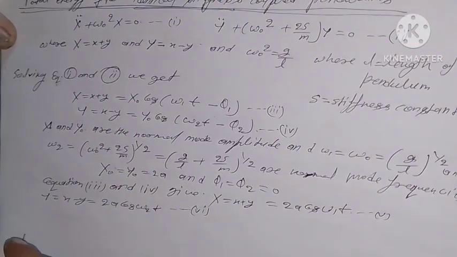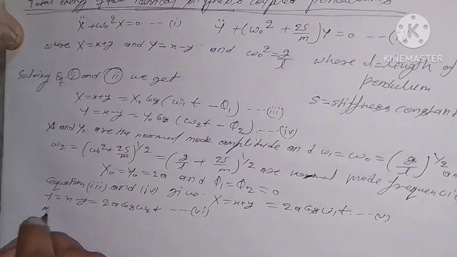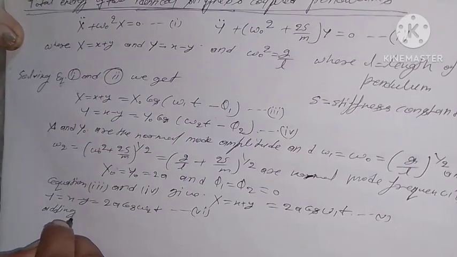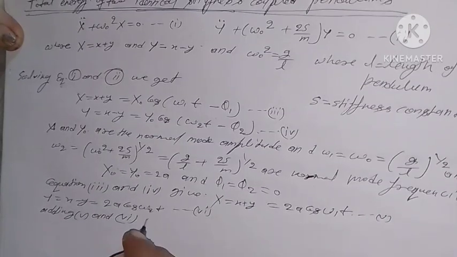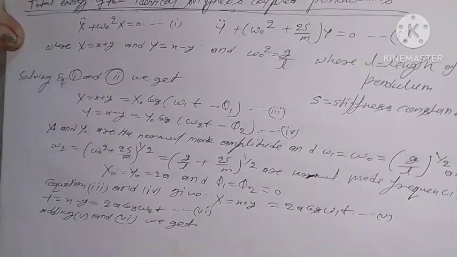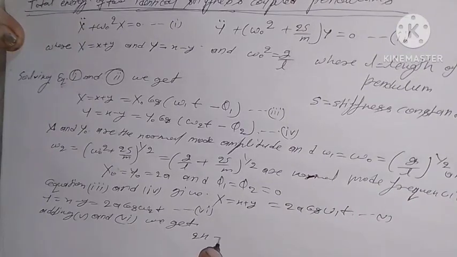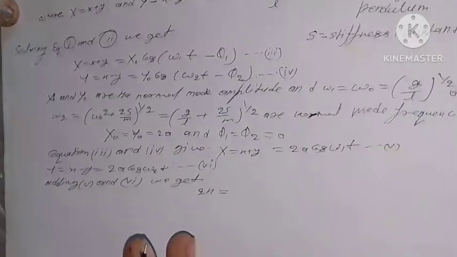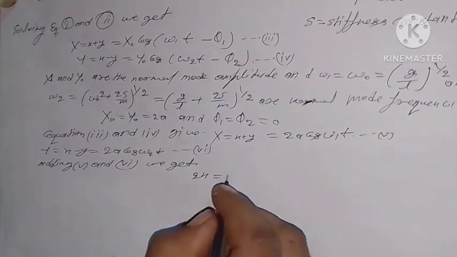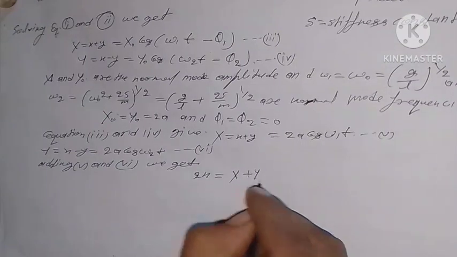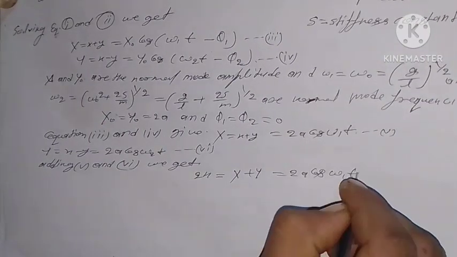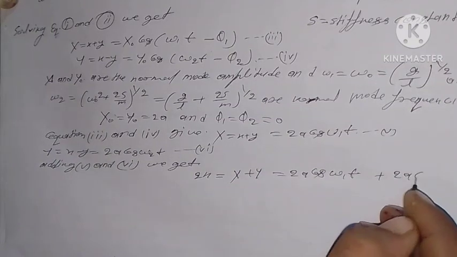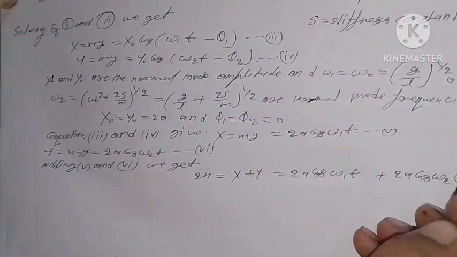Adding 5 and 6 we get 2x equal to capital X plus capital Y equal to 2a cos omega 1 t plus 2a cos omega 2 t.